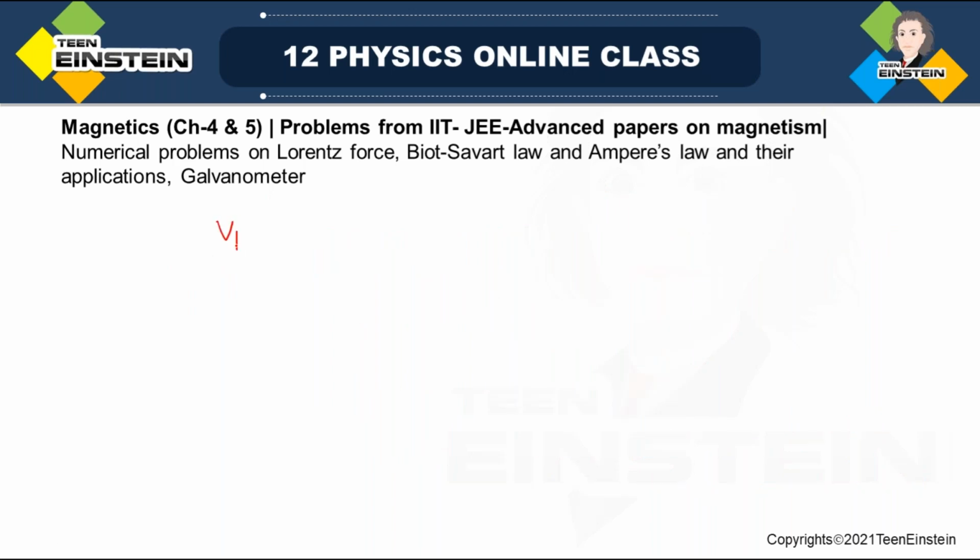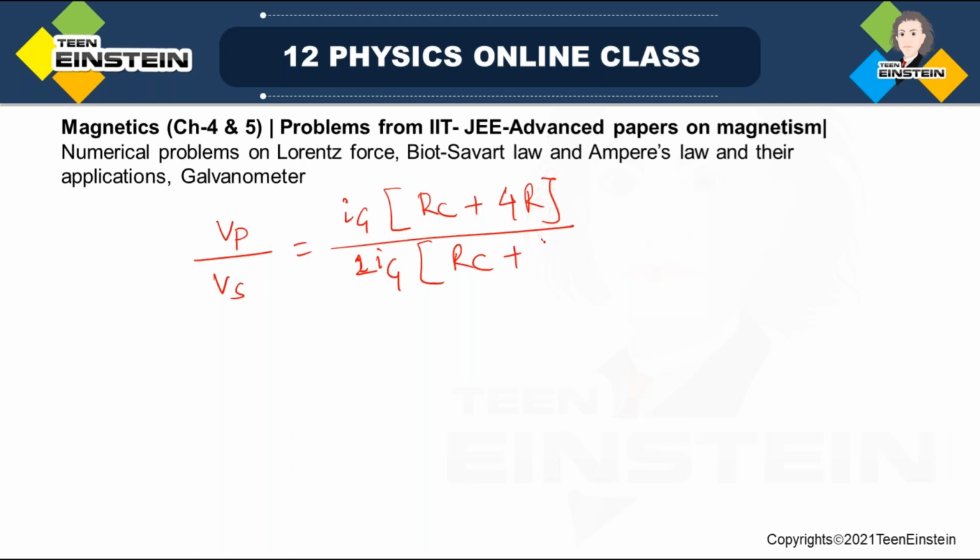and do the solution. Vp by Vs is actually Ig into Rc plus 4R, and here it is 2Ig into Rc plus R, right?